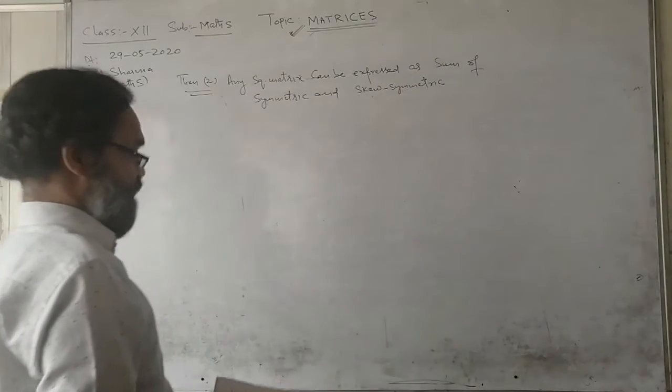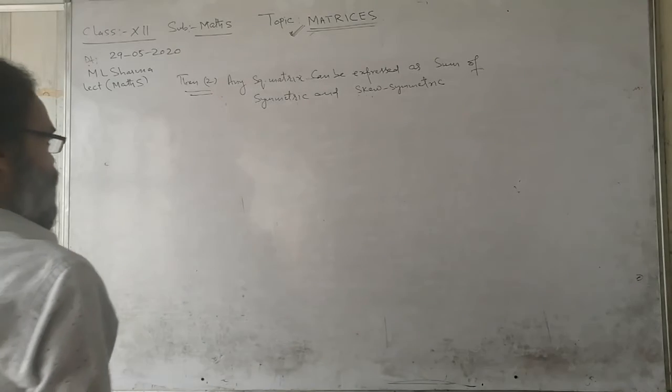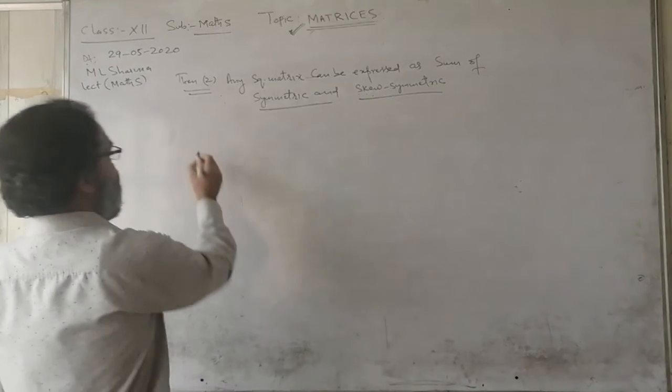So that means if I have a square matrix, that is matrix A, then I can express this as sum of symmetric and skew symmetric.